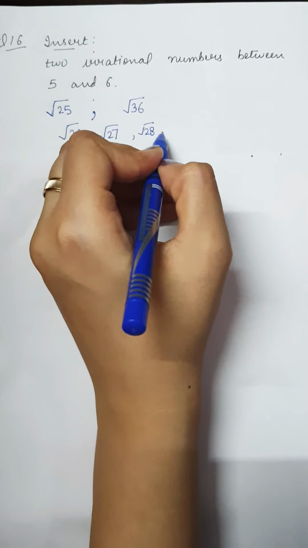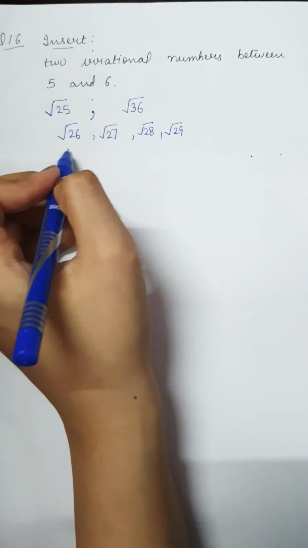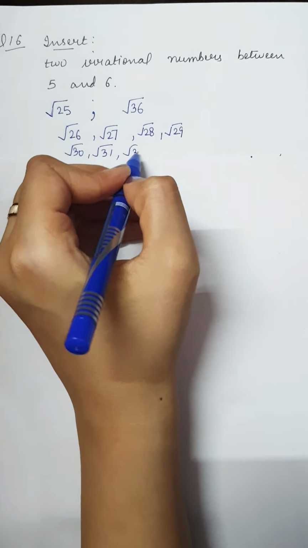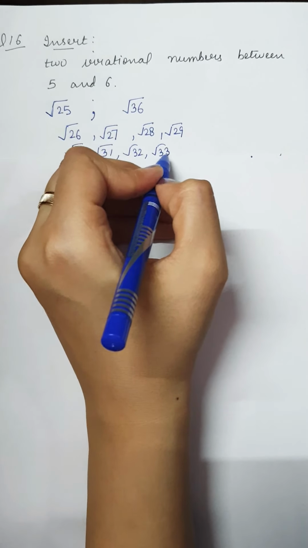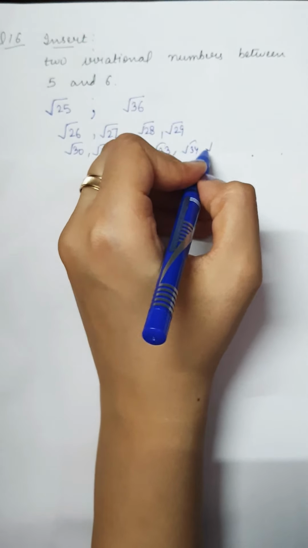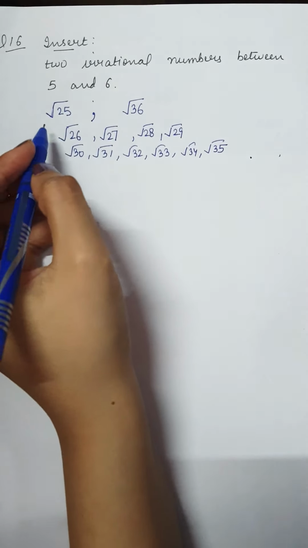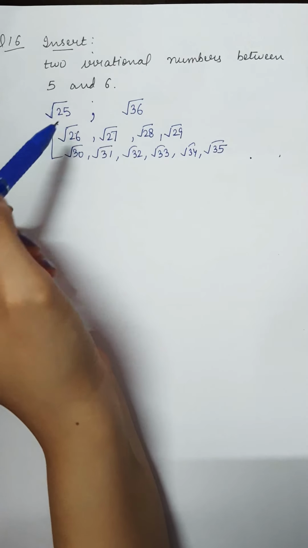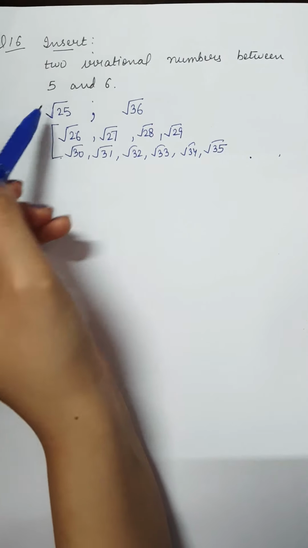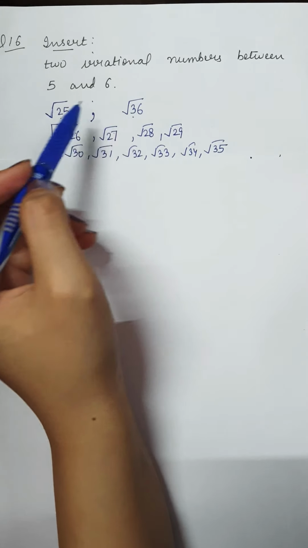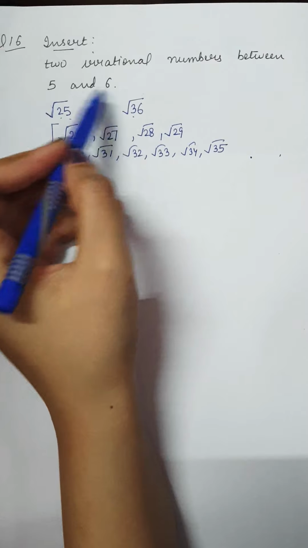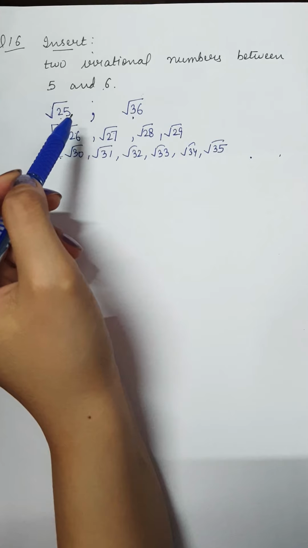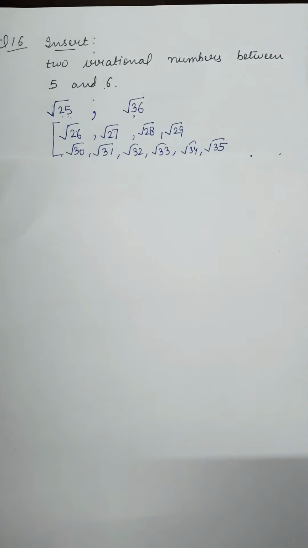Under root 28, under root 29, under root 30, under root 31, under root 32, under root 33, under root 34, and last under root 35. 1, 2, 3, 4, 5, 6, 7, 8, 9, 10. 10 irrational numbers I have found between under root 25 and under root 36, and ultimately these are 5 and 6. So any two you can pick up and write down. I think that was the easiest part.